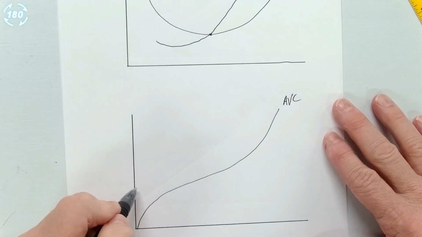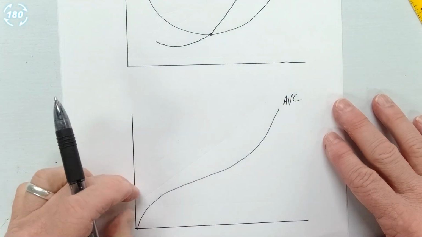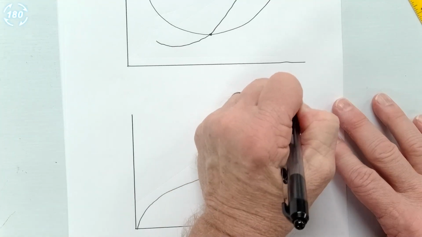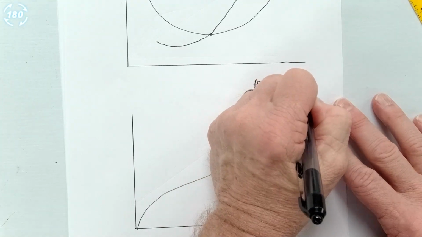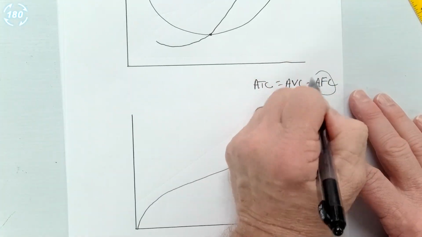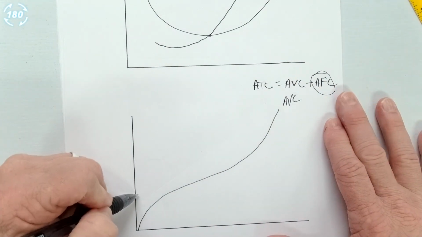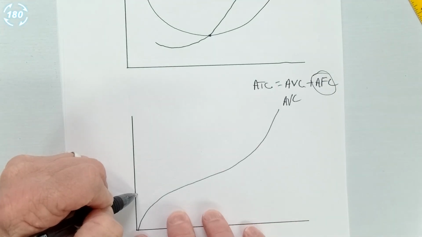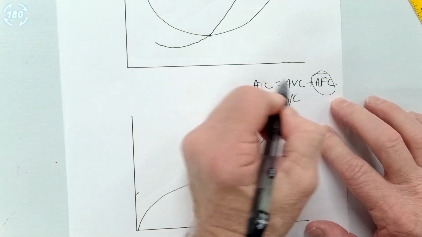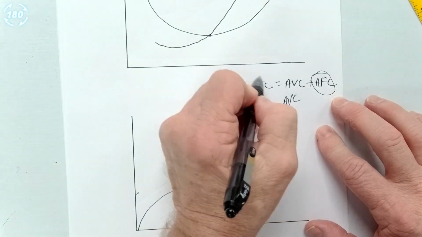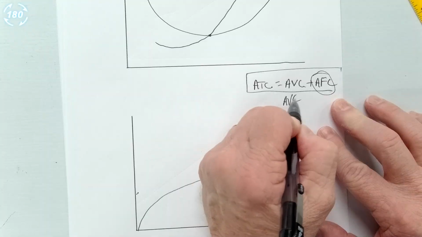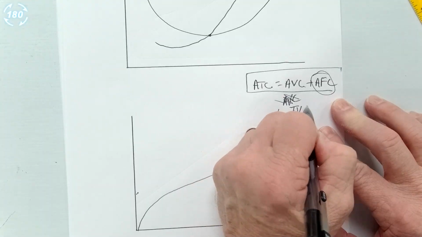Average total cost is like that, but you remember average total cost, ATC, is average variable cost plus average fixed cost. And average fixed cost is, though positive, it kind of decreases over time. I'm sorry, I wrote average here. This is total variable cost. We'll put the average up here in a second.